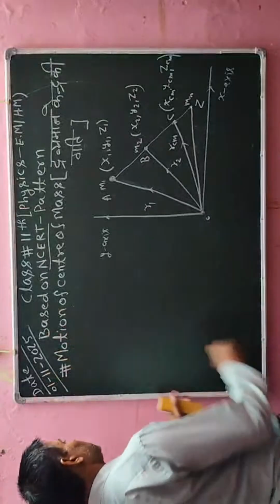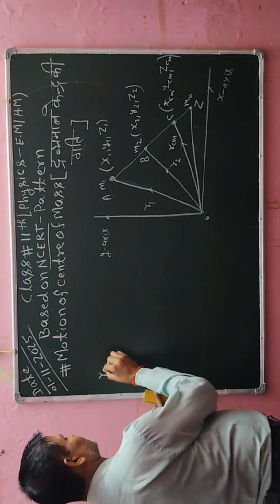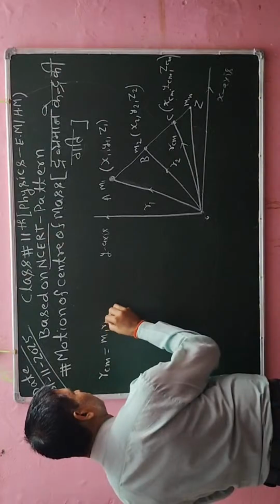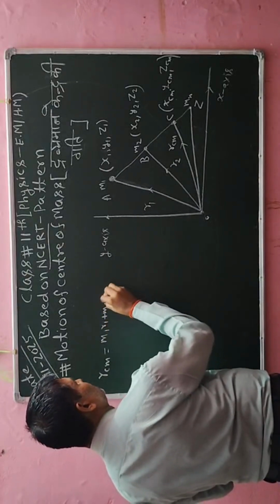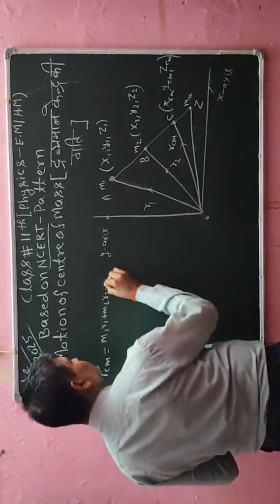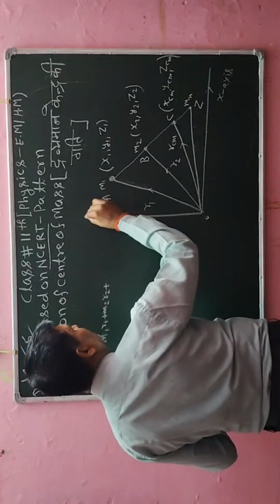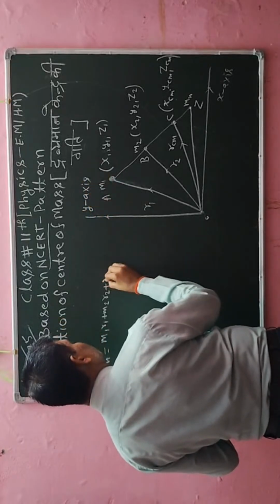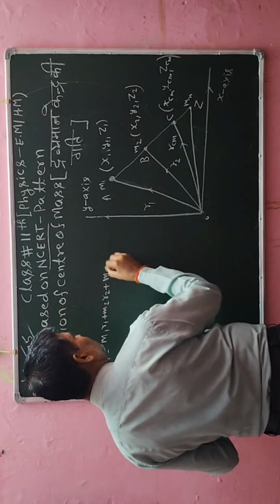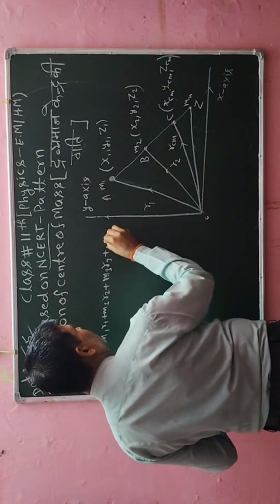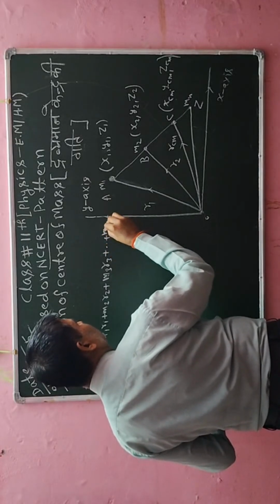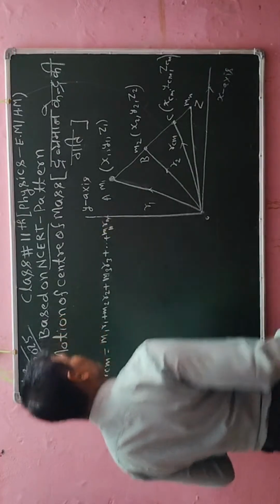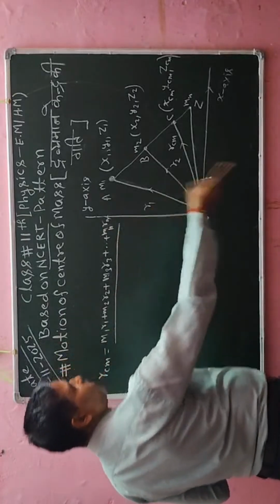So I have calculated the center of mass, that is rcm, which is equal to m1 r1 plus m2 r2 plus m3 r3 plus up to mn rn, divided by the sum of all masses.